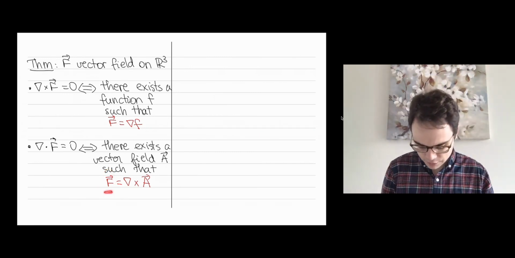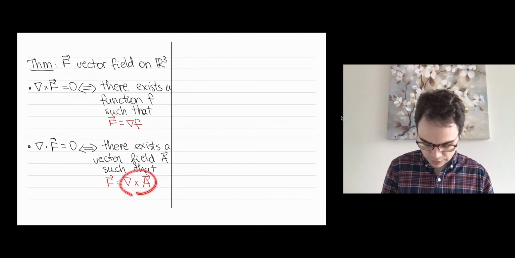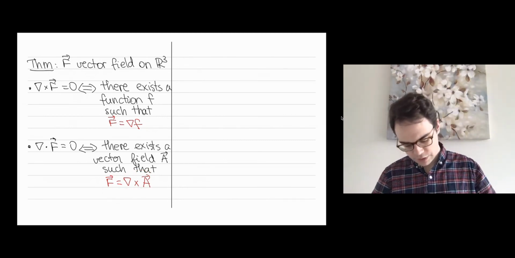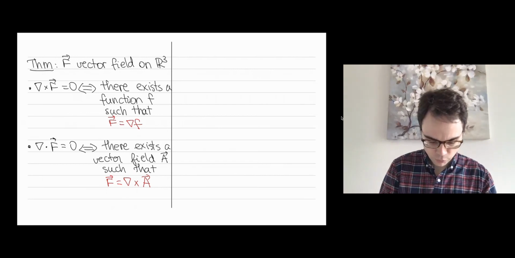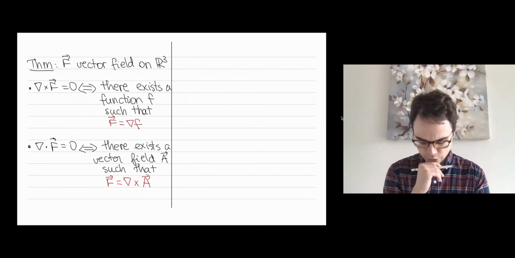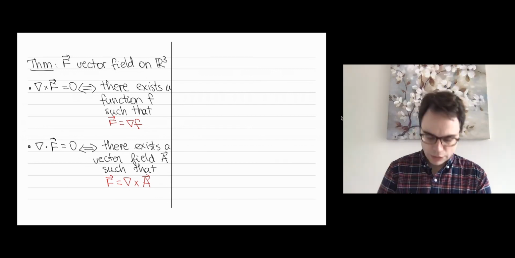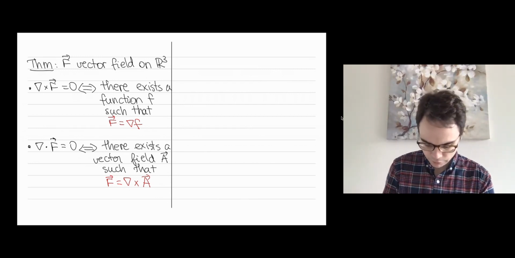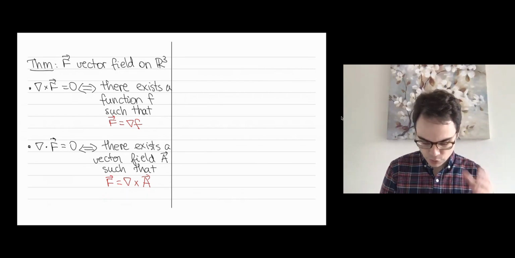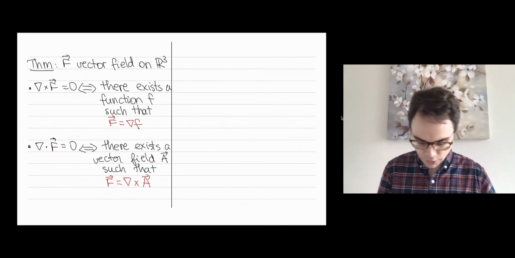In this case, there is a theorem that'll help you to integrate f over surfaces. We'll get to surface integrals after the midterm. But the point is that there is usefulness in knowing that your vector field is the gradient of another one, or the curl of another one.